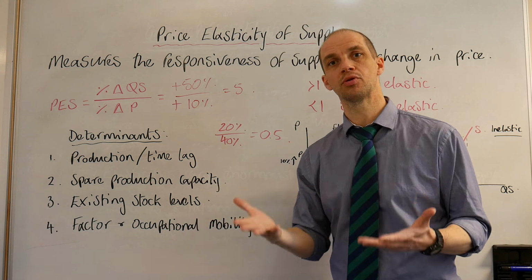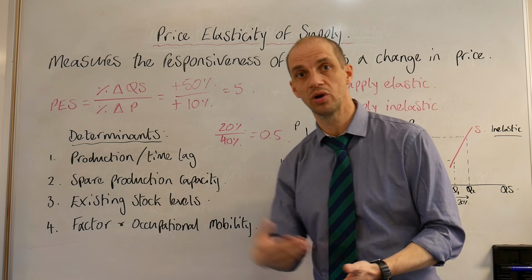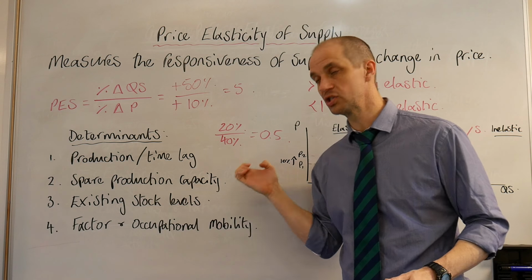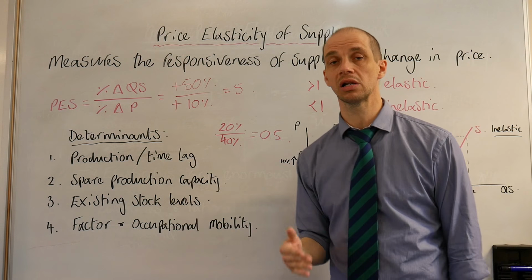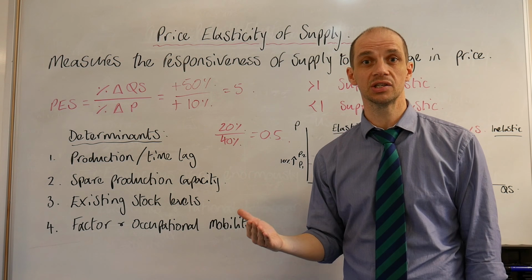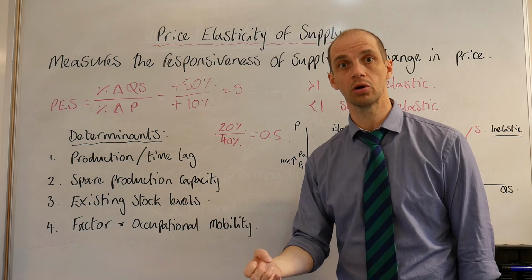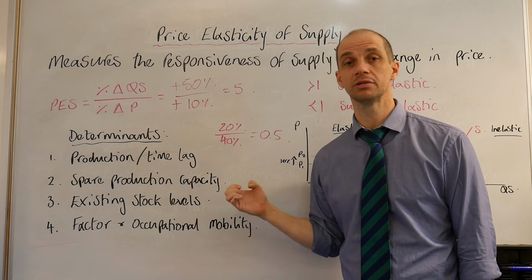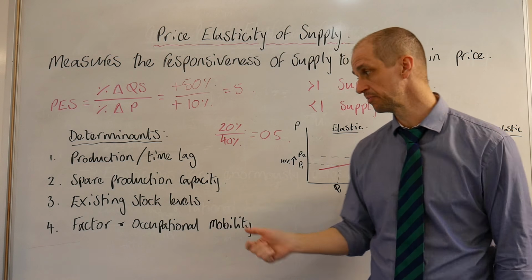So how much spare production capacity can therefore enable us to actually see a more elastic supply curve, assuming there is that capacity available. Then existing stock levels. So if there's existing stock in place and there is a surplus of stock available, then it's likely to mean, of course, that we are dealing with an elastic supply curve.